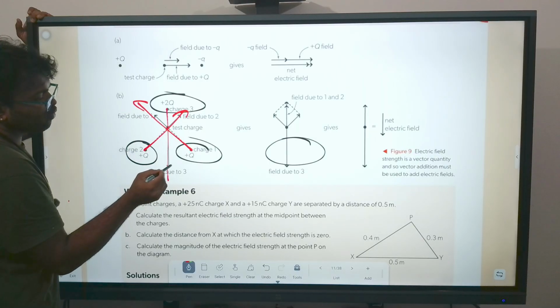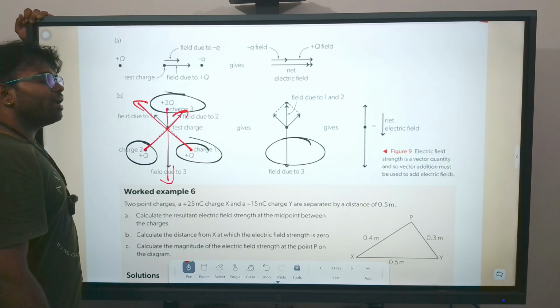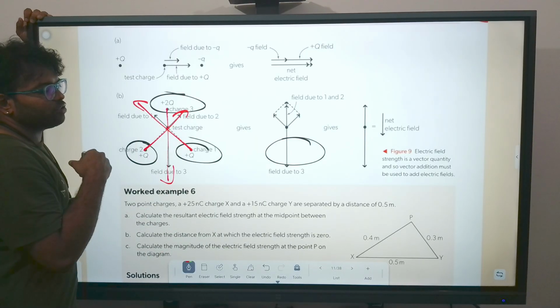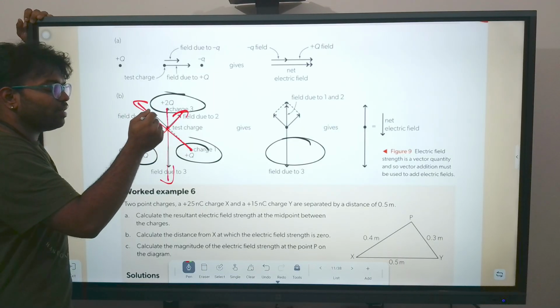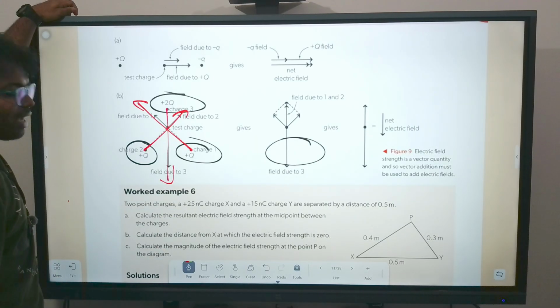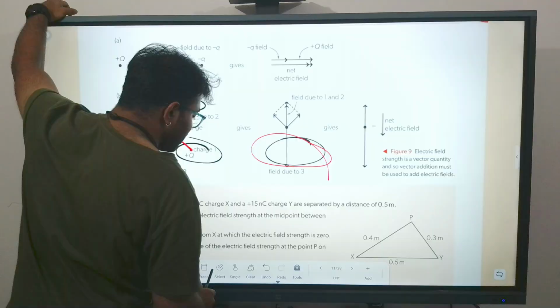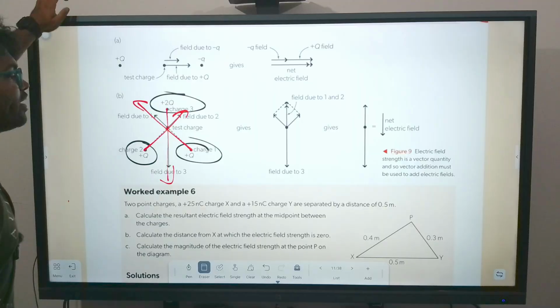But this plus 2q charge is much closer to this test charge. So what ends up happening? This plus 2q charge is able to push this test charge downwards. So you get the resultant field downwards. Understood? You get the resultant field downwards.